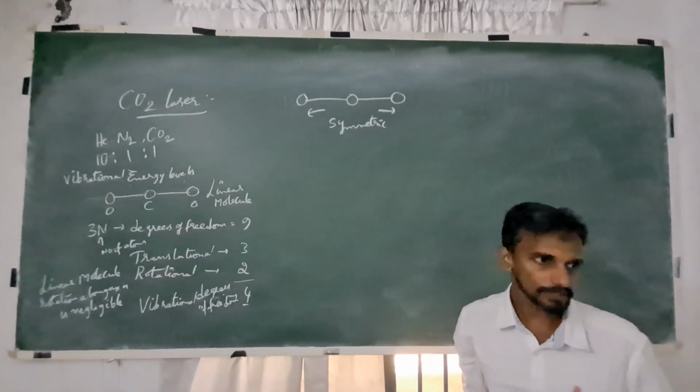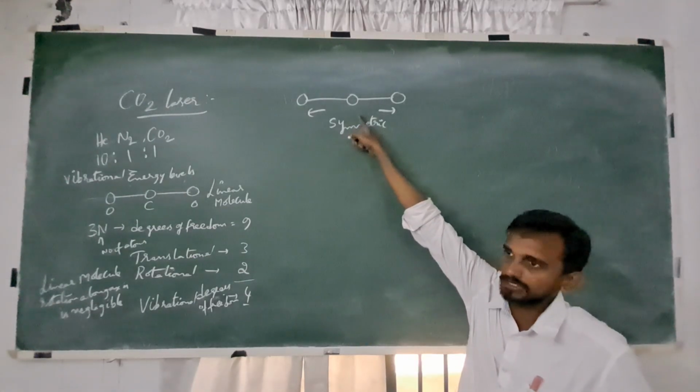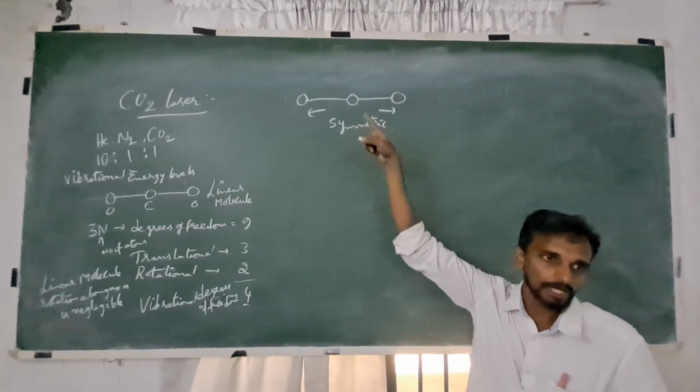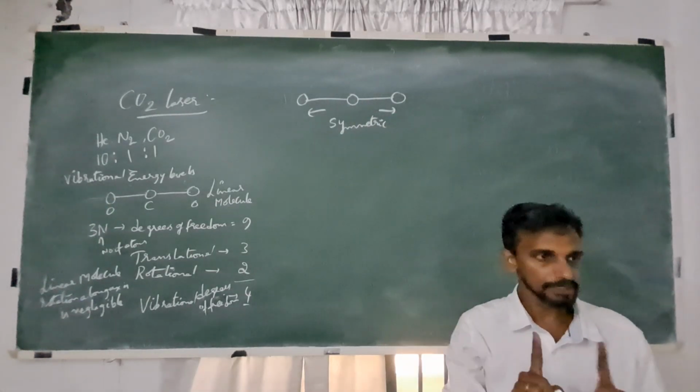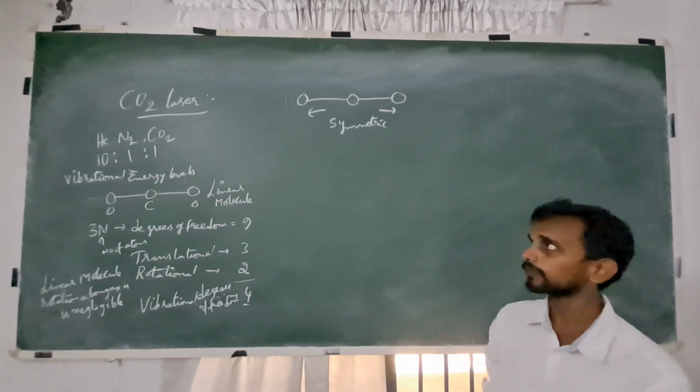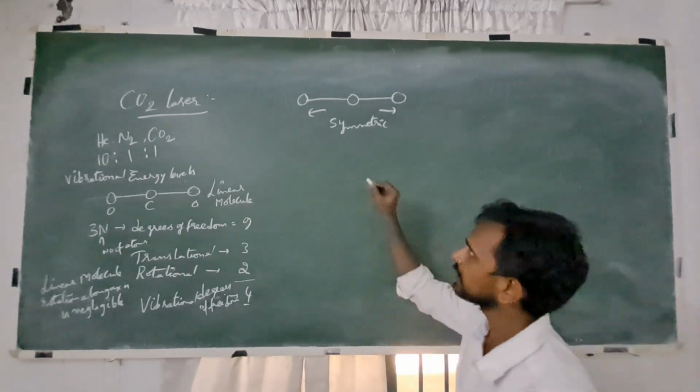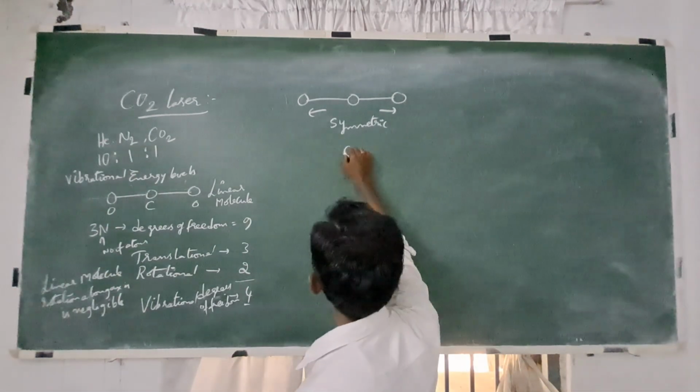One is symmetric. So the central atom remains stationary and the other 2 atoms vibrate symmetrically, opposite to each other. So this is the first vibration mode.